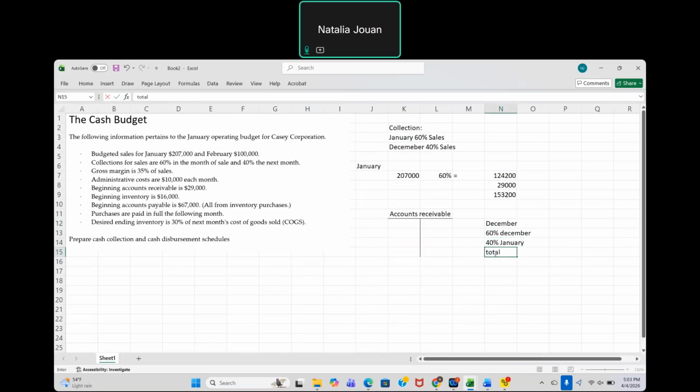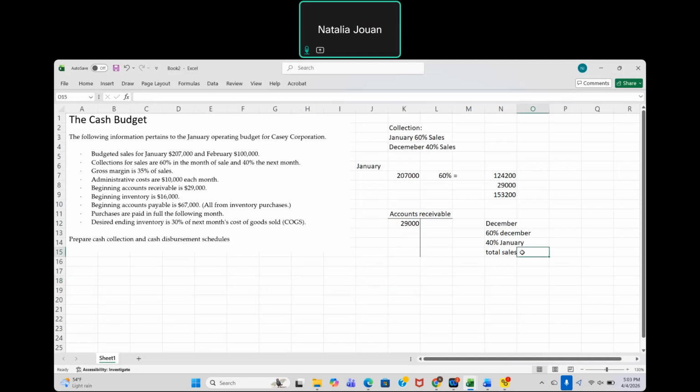And then we have total sales. We don't know total sales, right? But we do know what we haven't collected yet, which is still in accounts receivable. So beginning balance of accounts receivable is 29,000. And I'm gonna show you where this 29,000 is coming from. So remember how we play with percentages? 60 plus 40 equals 100.